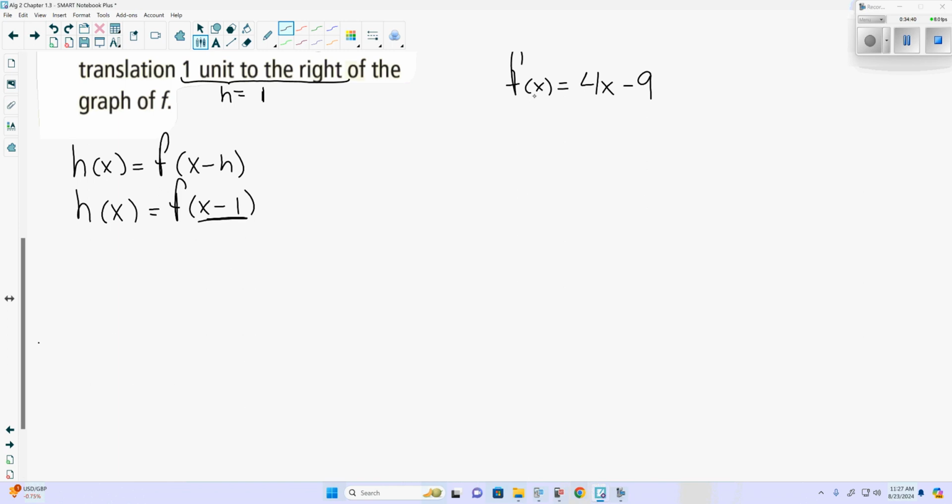We replace the x in f of x with x minus 1, which means we need to replace every x in its f of x equation with x minus 1. We have 4 times x minus 1 minus 9.